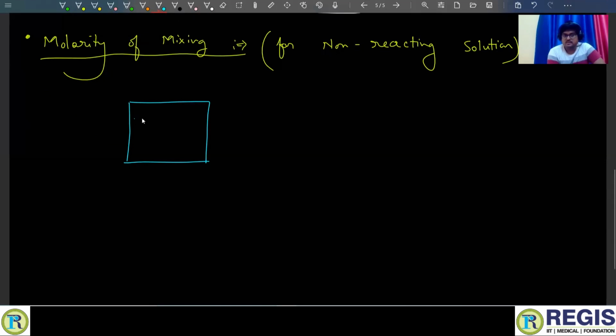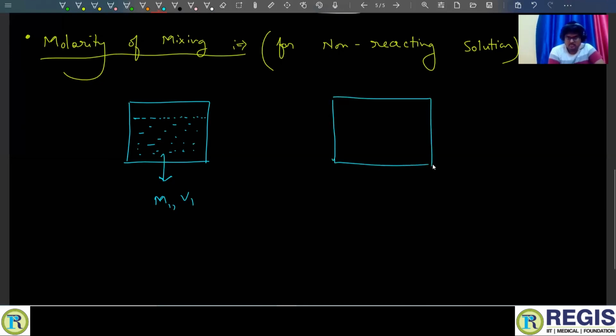In this case, solution is present. Here, M1 V1, and M2 V2.